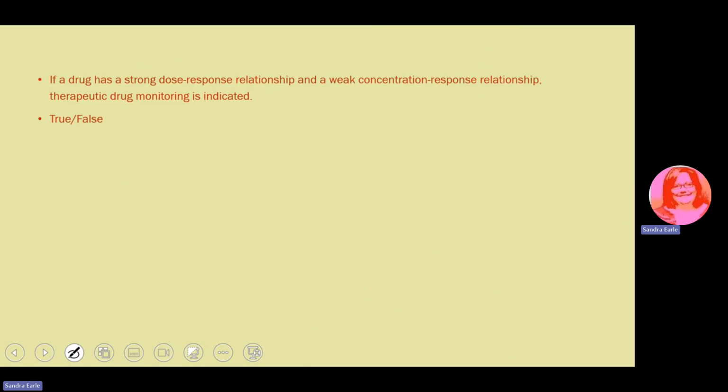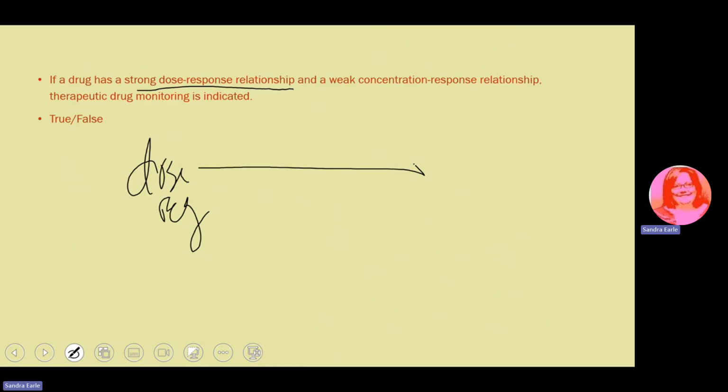And finally, last question. If a drug has a strong dose response relationship, so really that's the holy grail, right? Our dose regimen to a response. That's really what we're looking for, isn't it? If we could give the same dosing regimen to everybody and get the same response, we're done. But that doesn't always happen.